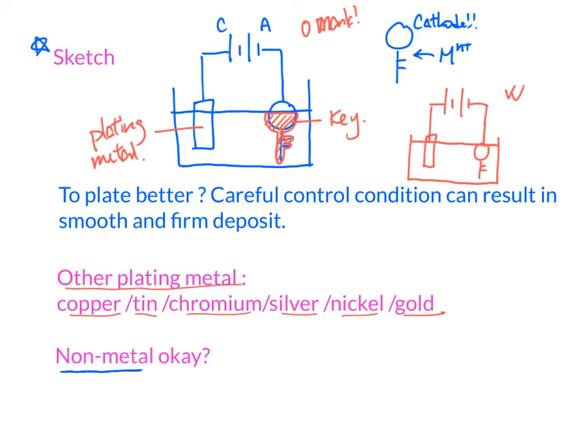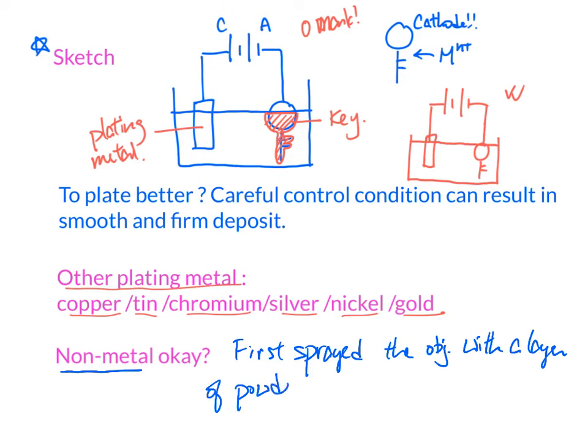Can we plate a non-metal object? The answer is yes. What we have to do is, first, spray the object with a layer of powdered graphite. You know that graphite conducts electricity.